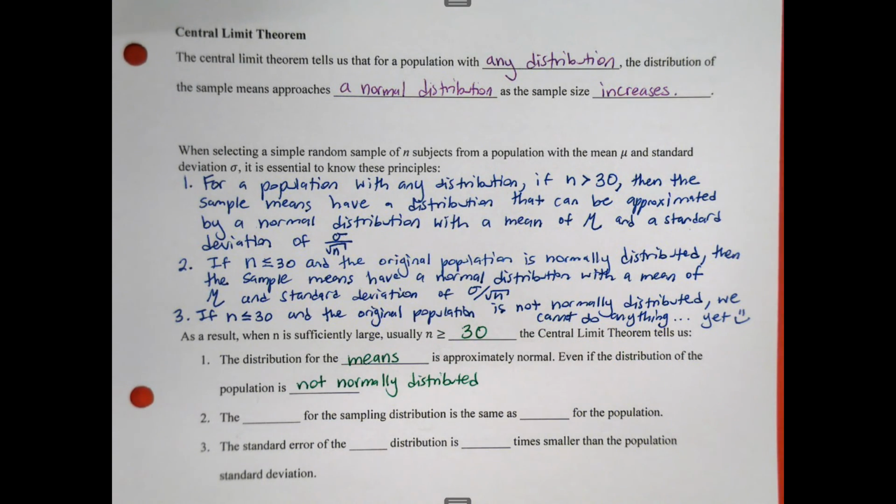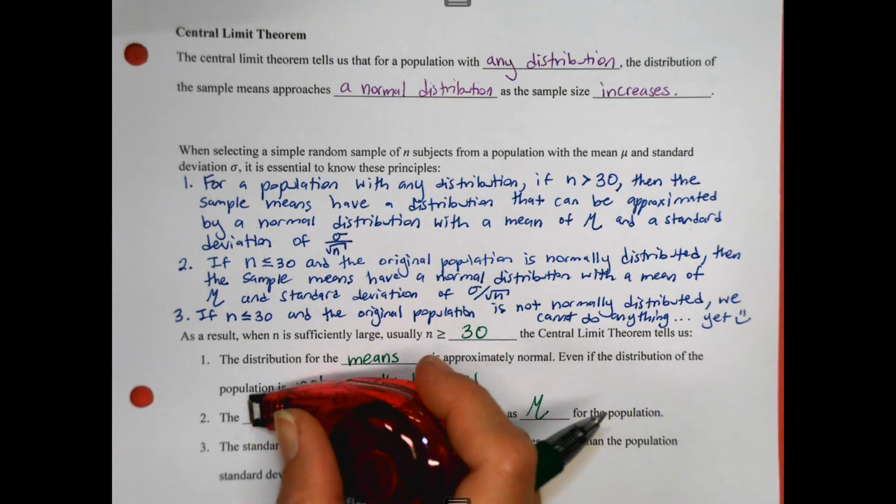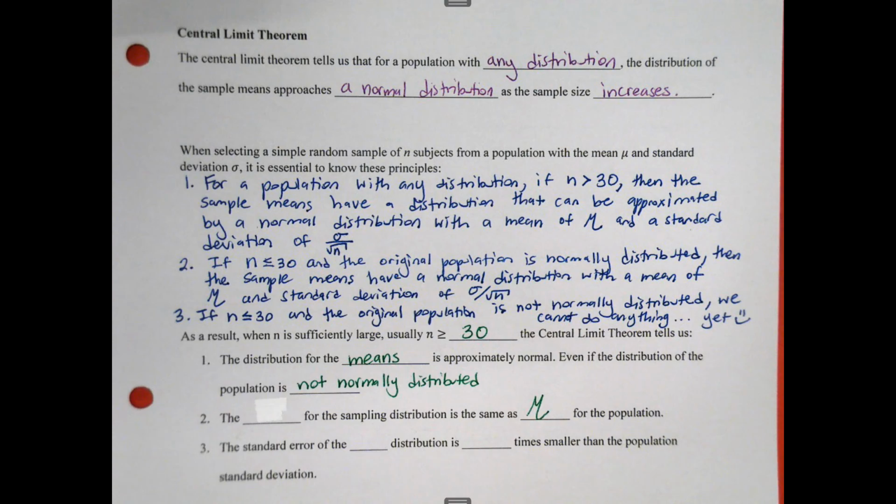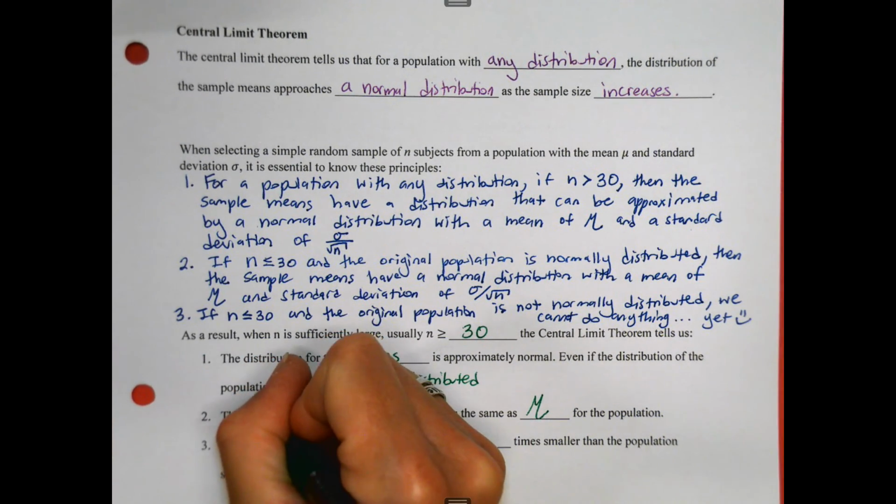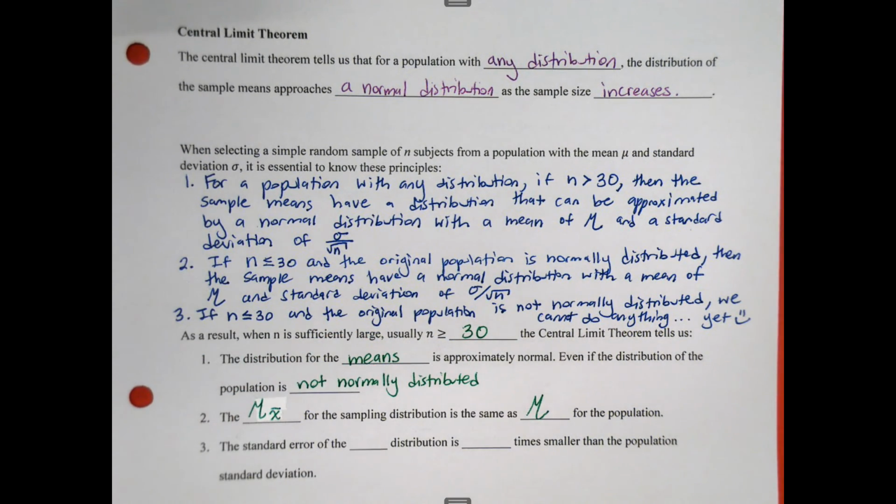And the mean of the sampling distribution is the same as the mean for the population.